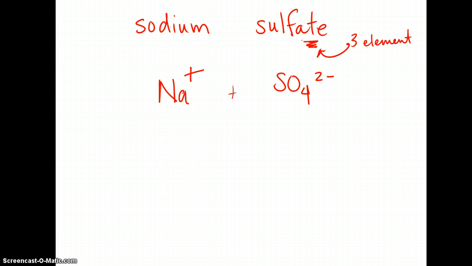They're not going to equal 0. So we have to deal with them the same way that we deal with any binary ionic compound. If I give it another sodium, now I have a total of +2 and have that work out with the -2, and that does equal 0.